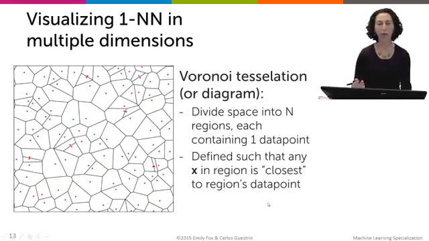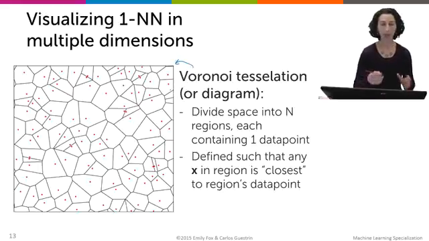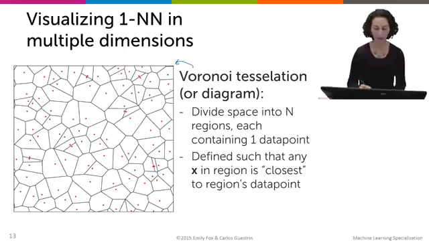But how do we think about doing this in higher dimensions? Well, what we can do is look at something called a Voronoi diagram or a Voronoi tessellation. And here we're showing a picture of such a Voronoi tessellation, but just in 2 dimensions, though this idea generalizes to higher dimensions as well.